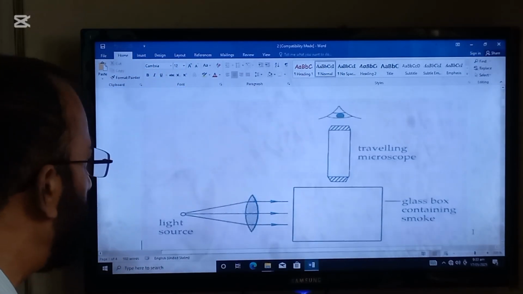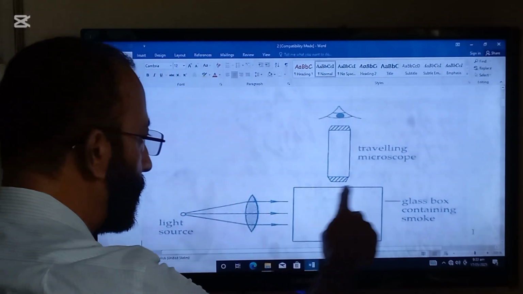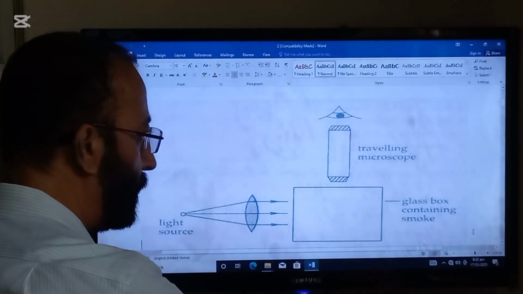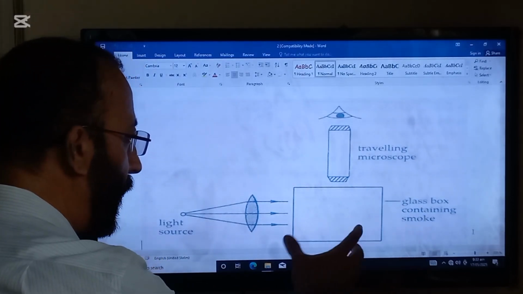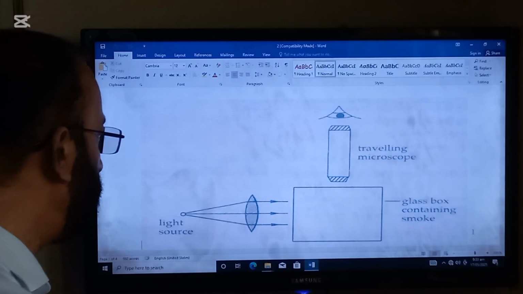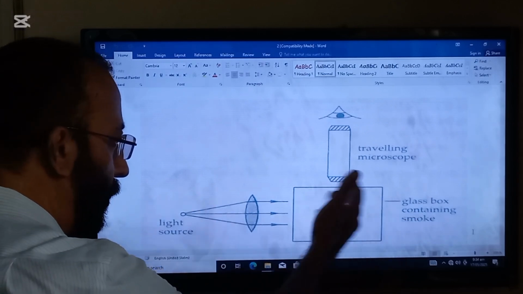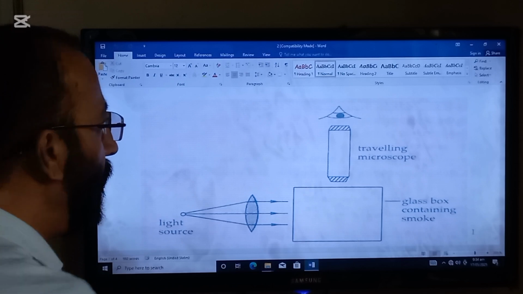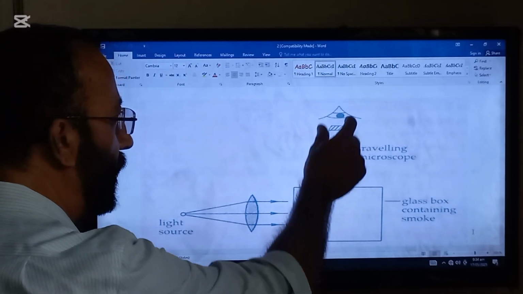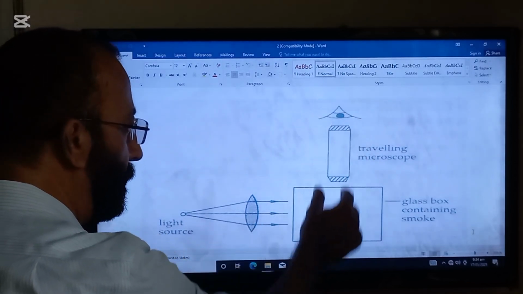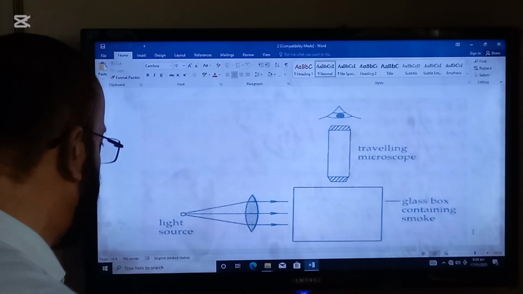Here is the setup. This is the box containing smoke and air particles. Here is a light source that will put light on the particles. Here is a microscope, and this is the eye which will look into the box.